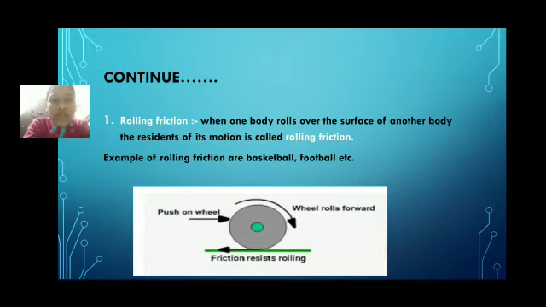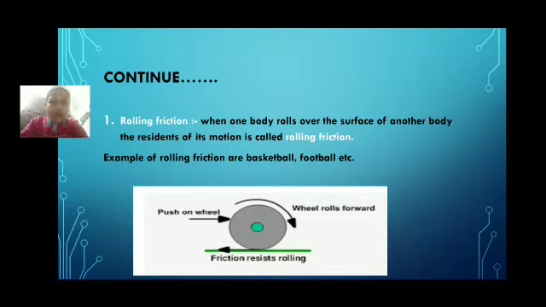First let us discuss rolling friction. What is rolling friction? When one body rolls over the surface of another body, the resistance to its motion is called rolling friction. Let us take an example.